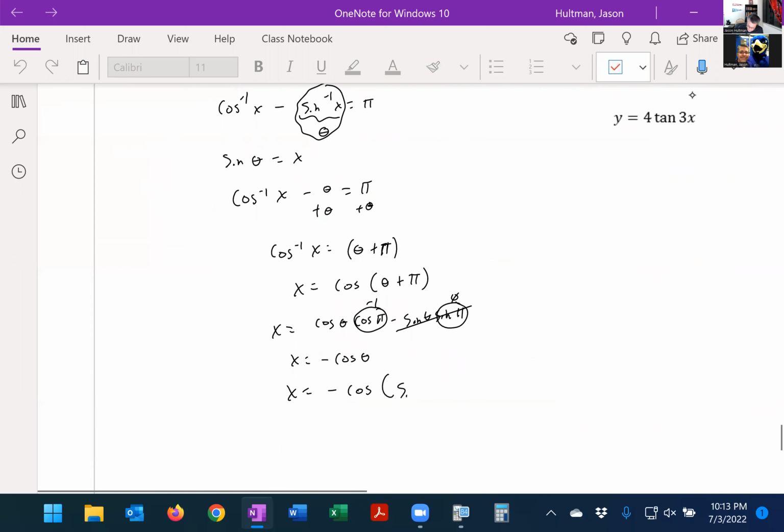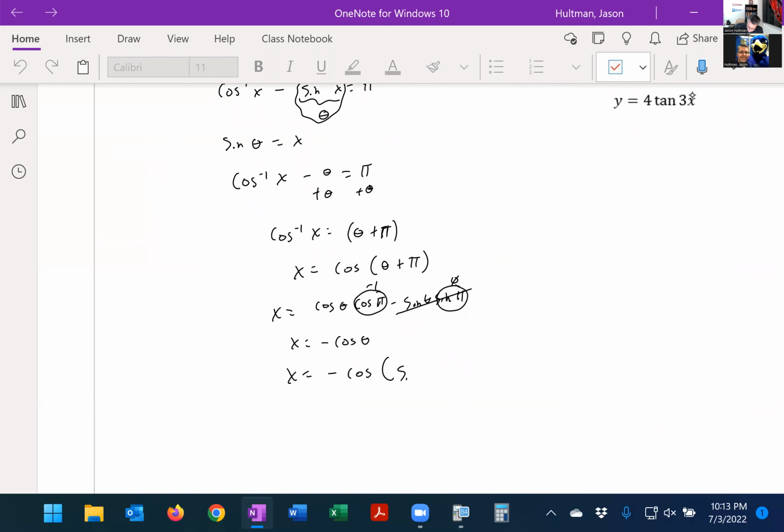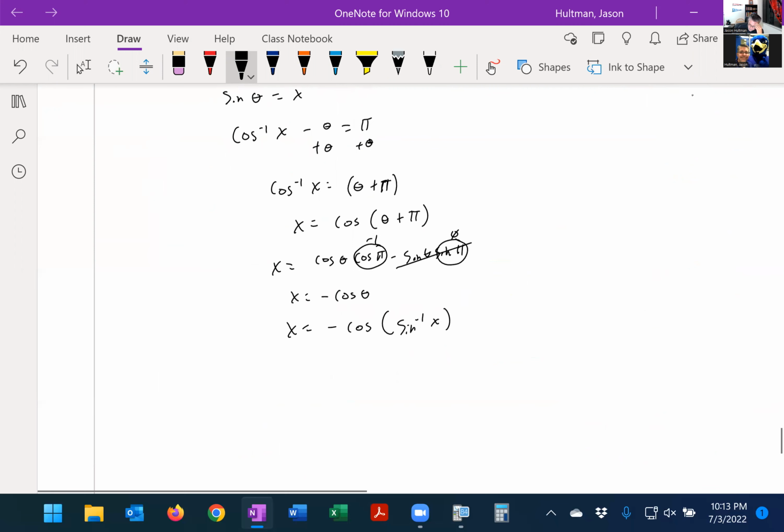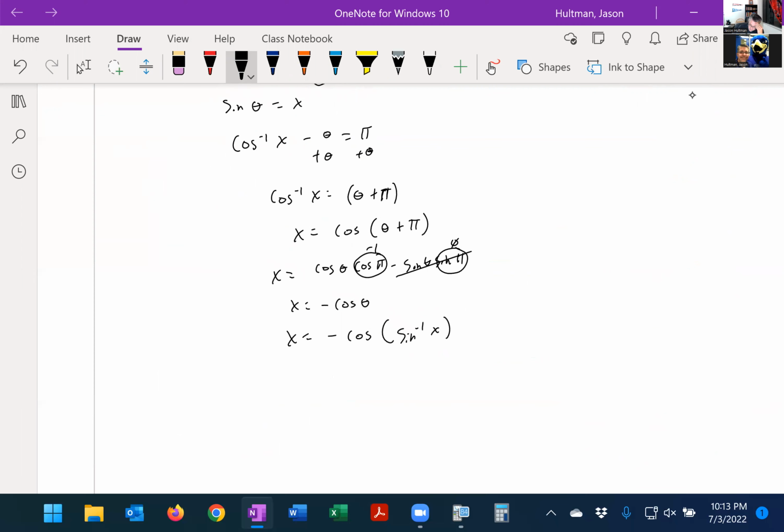Okay, so inverse sine of x, right? So x is equal to the negative cosine of the inverse sine of x. Let's look at a triangle here. We know that the sine of theta is equal to x. If this is theta, then the sine is going to be opposite over hypotenuse.